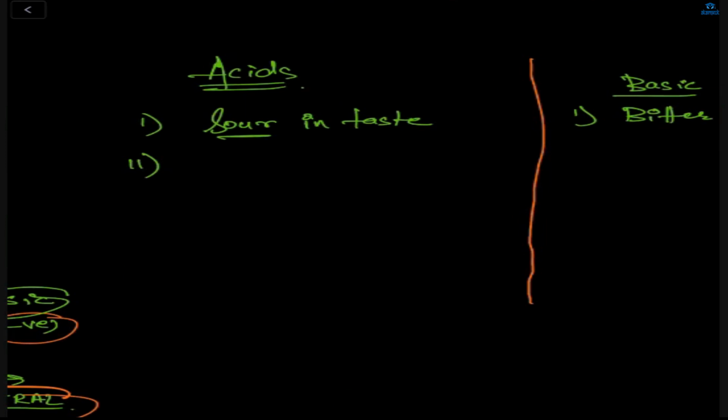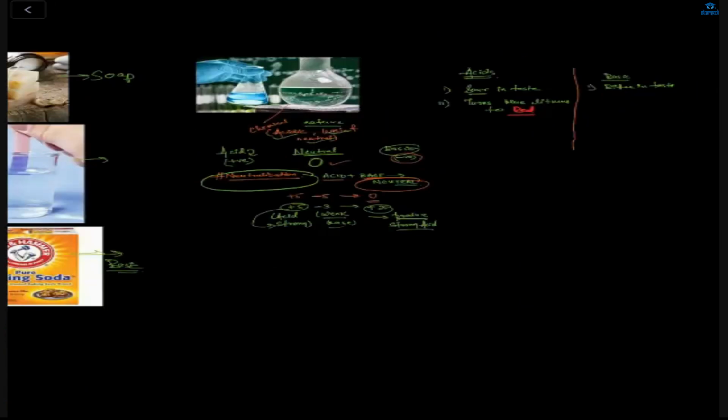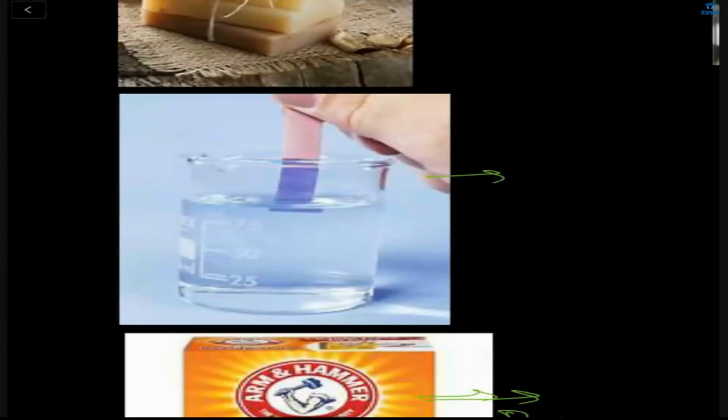Now, if we put a blue litmus in acid, then what will happen? It will turn into which color? See, here, if this is my blue litmus paper and I'm dipping it in acid, then what will happen?